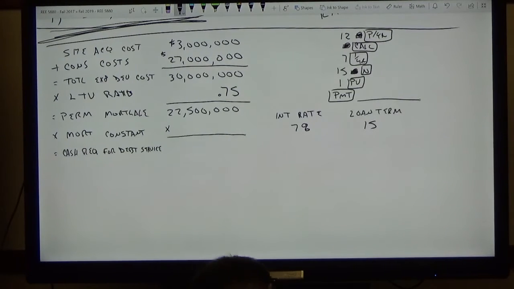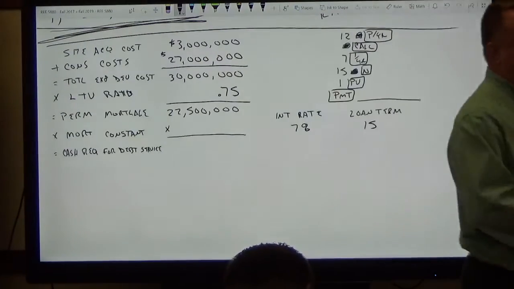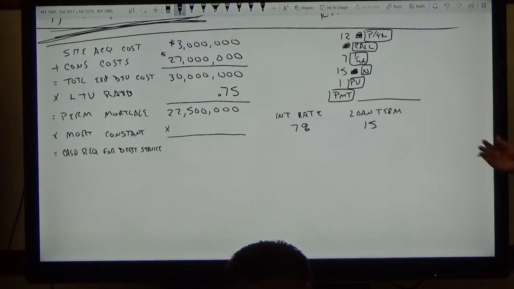Okay? Now, what this boils down to is, many years ago, before financial calculators and before Excel, they would publish these books of tables where someone had gone through all the brain damage of doing all these calculations, to make it easy for loan officers to calculate monthly payments and annual payments for loans.